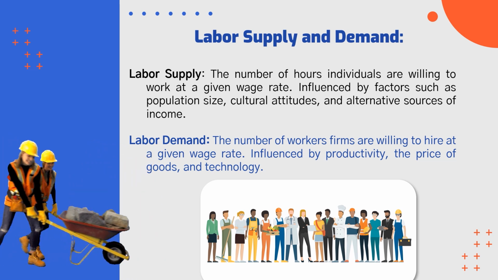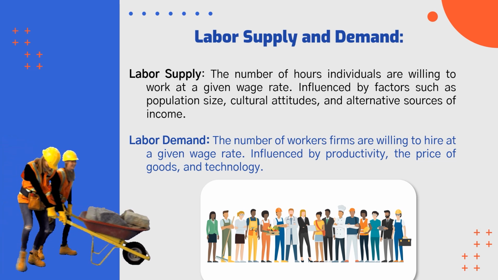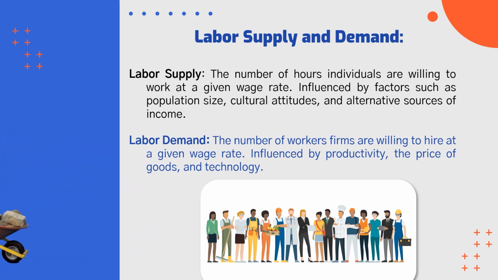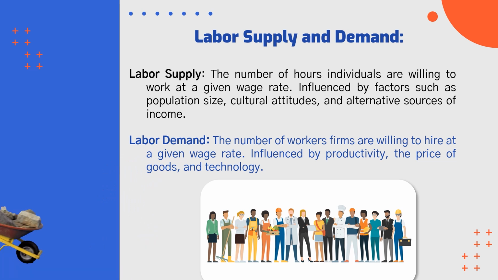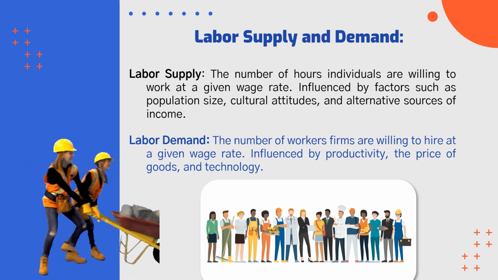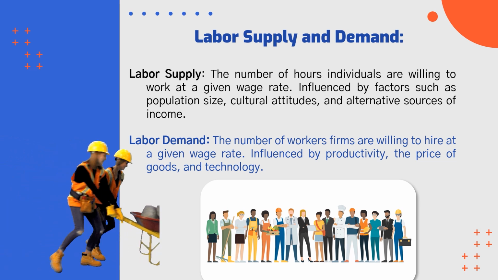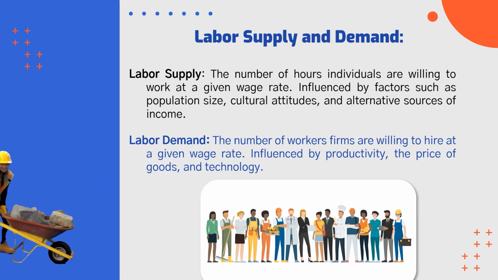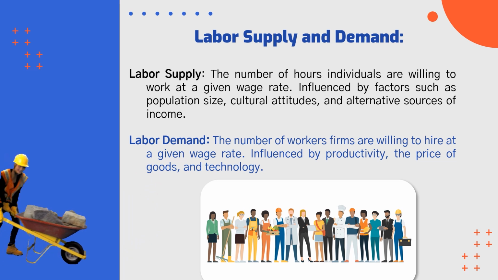Productivity: the more productive the worker is, the more valuable they become to an employer. Technology: in some industries, automation can replace certain jobs, reducing demand for labor. Cost of production: when businesses face lower costs, they may expand and hire more workers. Next, we'll explore how the labor market reaches an equilibrium and what happens when external forces disrupt it.